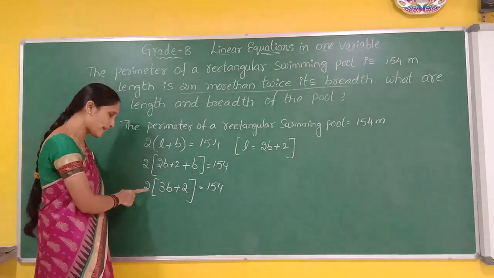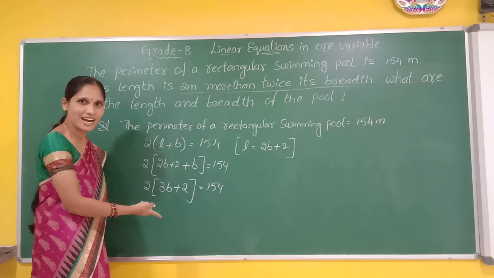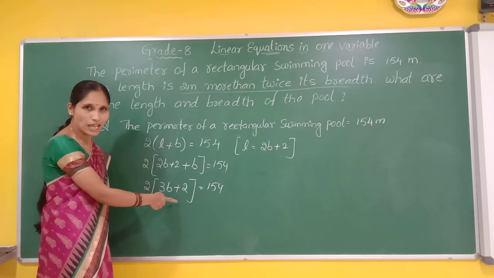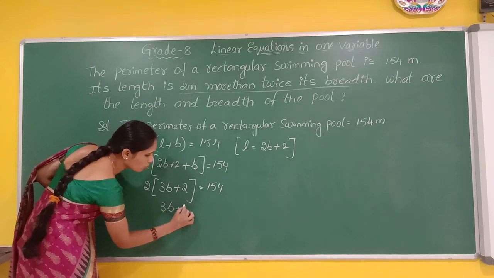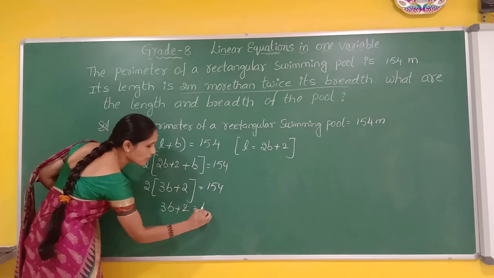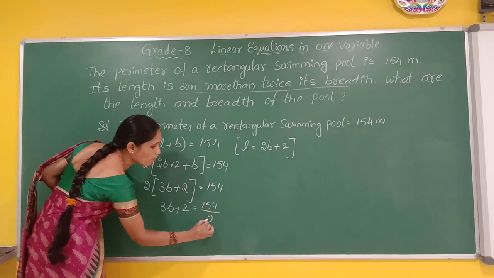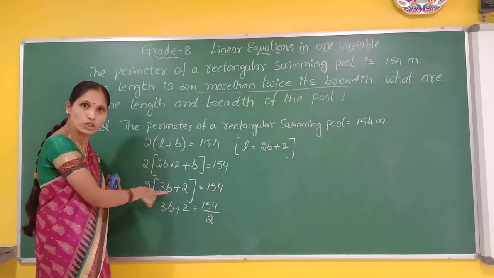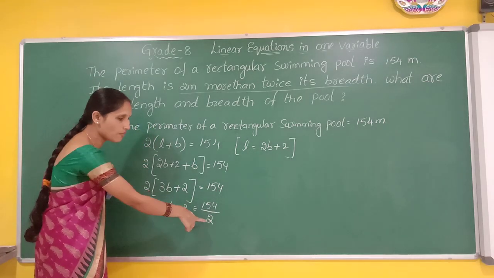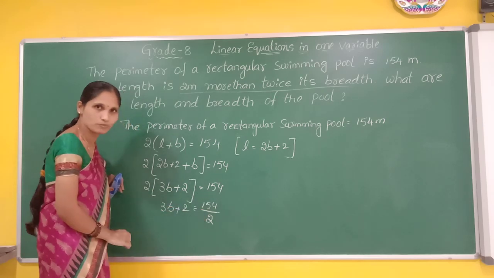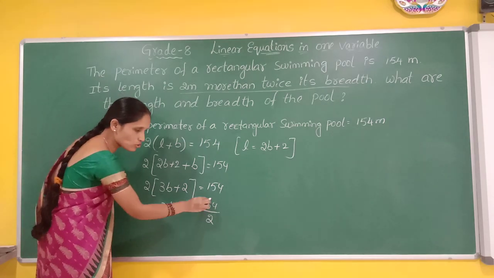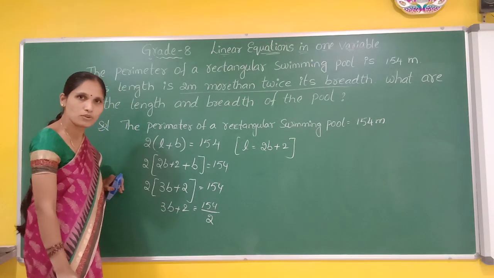Transpose the common factor 2 to the right hand side. 2 into (L plus B), so now it becomes divided by 2. 3B plus 2 is equal to 154 by 2. Now cancel these two numbers, 154 and 2.